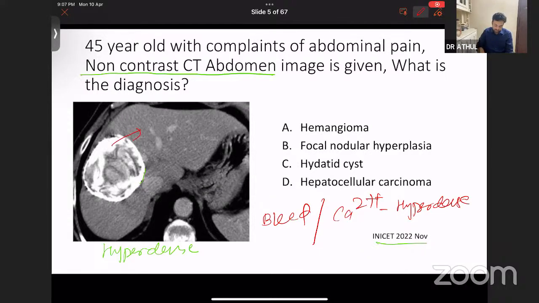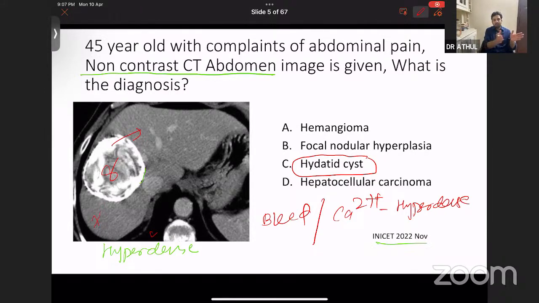If you see, this is the lung field, so probably this is segment 7 and 8. So probably in segment 8 of the right lobe there is a well-defined calcified lesion. So this is how the question is asked. We know among these lesions, it is hydatid cyst that is very much prone for calcification. So the answer for this question was hydatid cyst.